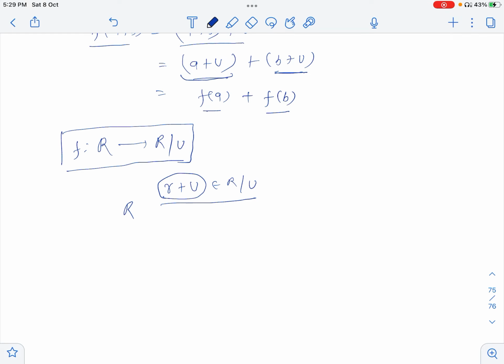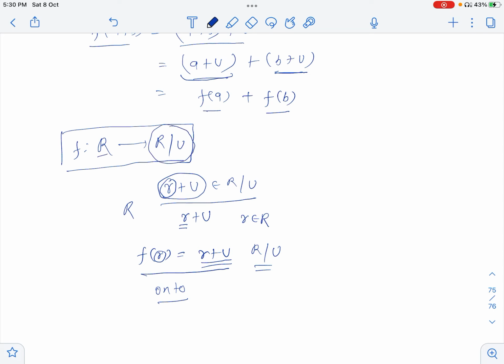So the obvious choice is r. So for every r + U, there will be an r in capital R, that is ring R, such that F(r) is equal to r + U. That means we are able to find a pre-image r for every element r + U of R mod U. That means it is onto also. Hence, we have proved that R mod U is a homomorphic image of R.